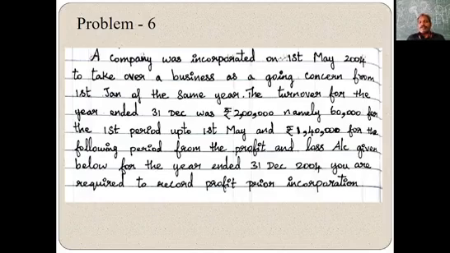So the incorporation date is 1st May, the running business taken over from 1st January. It means 1/1/2004 to 1/5/2004 is to 1/5/2004 to 31/12/2004. That is time ratio duration. Sales 60,000 is to 1,40,000 is taken for calculation of sales ratio. It's a simple problem only.